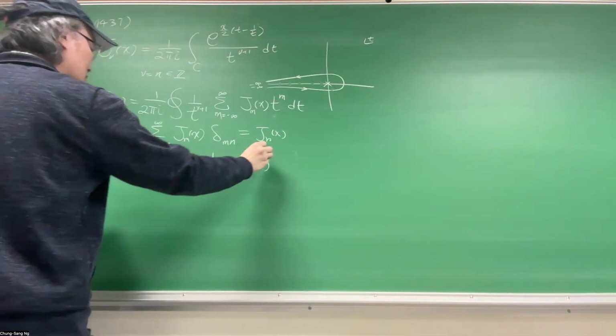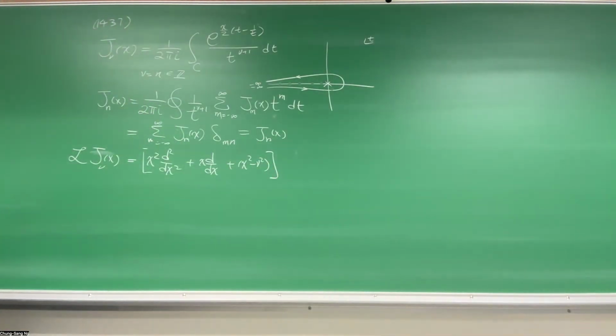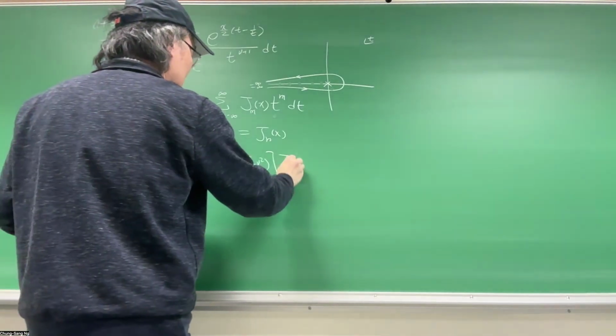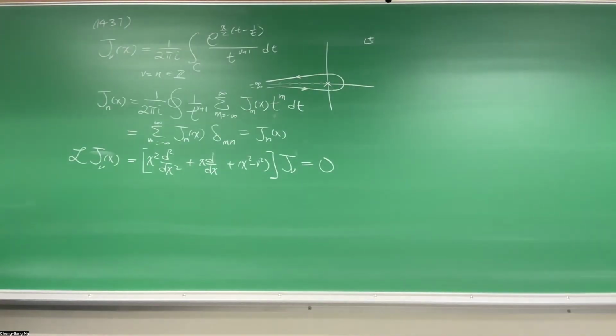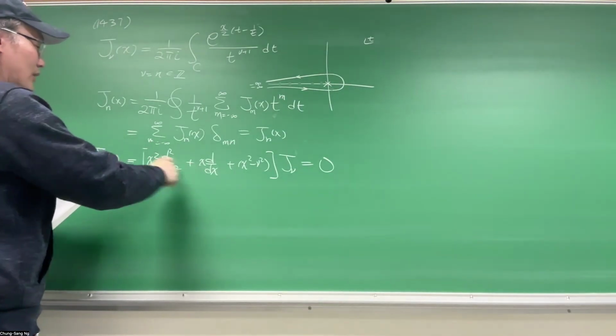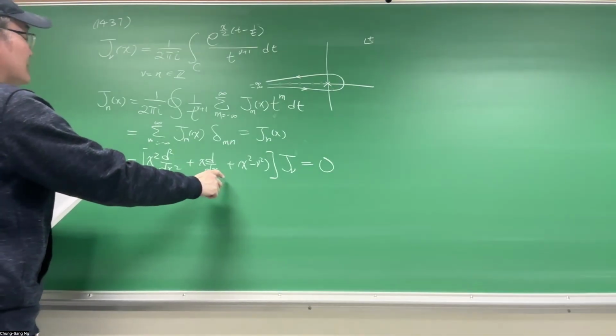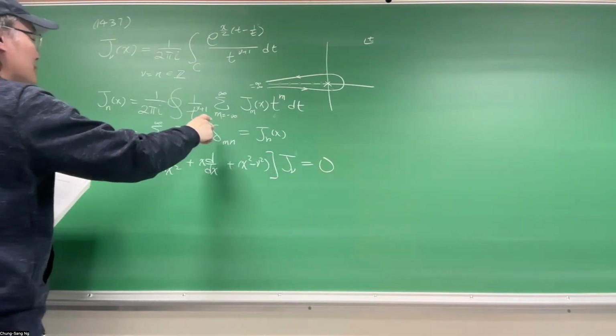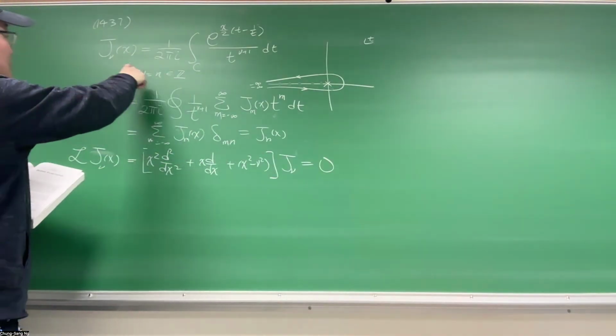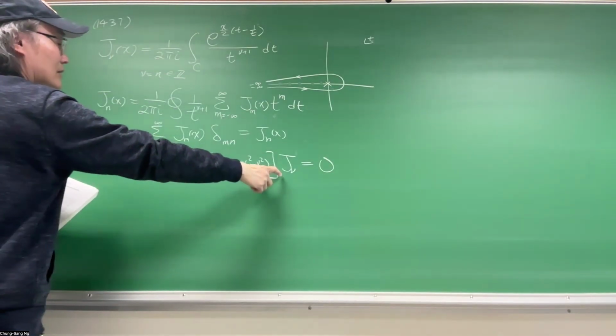So this is the operator L, and the operator on J sub nu is 0. Okay, so that's the Bessel equation, written with L in operator form. Now, this J is the solution, but we want to check whether this integral is a solution. So we put that in here.